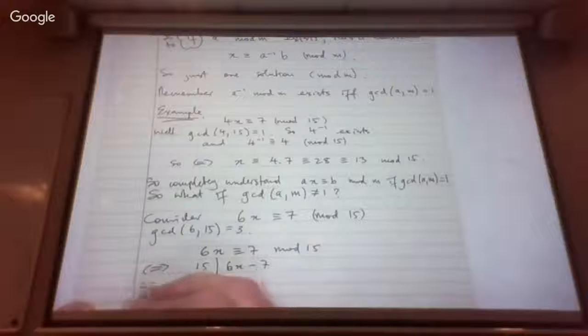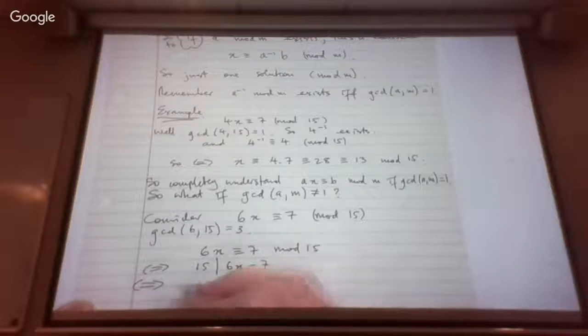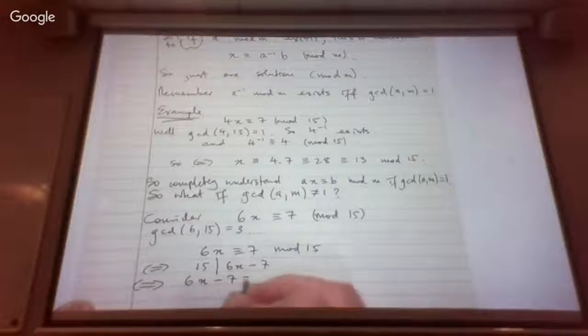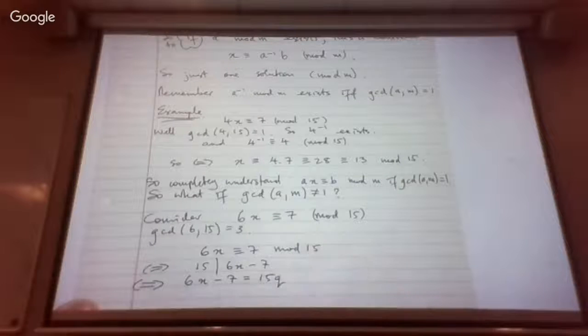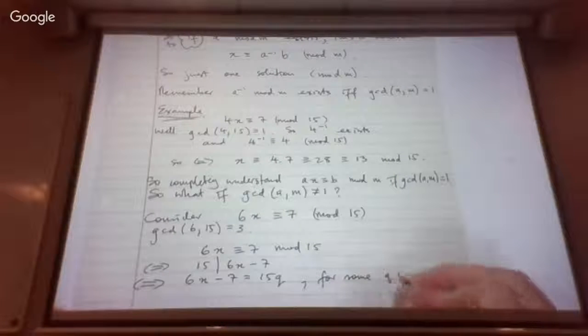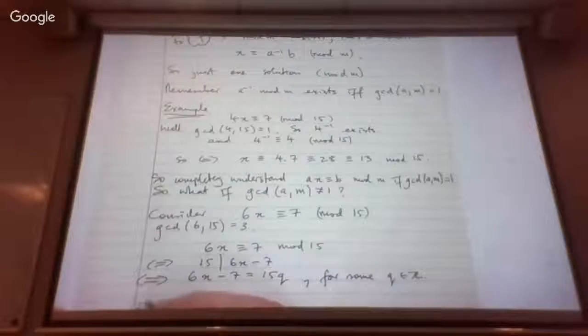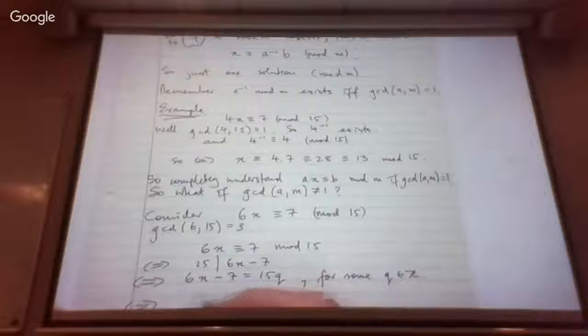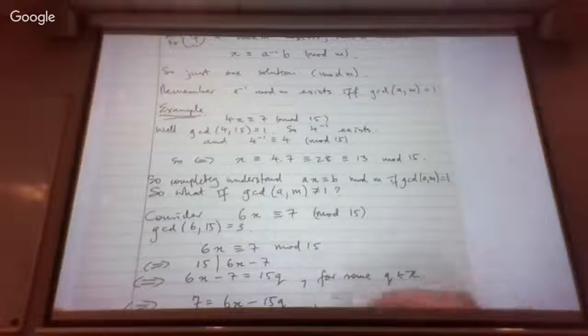That's the meaning of being congruent to each other modulo 15. So 6x minus 7 is equal to 15 times some q. And that equation can be rearranged to say that 7 is equal to 6x minus 15q.